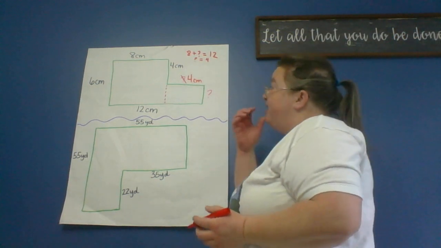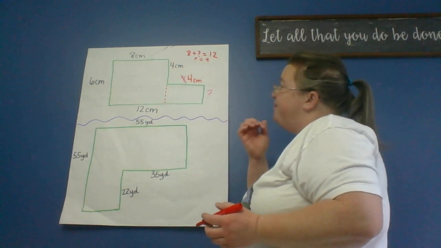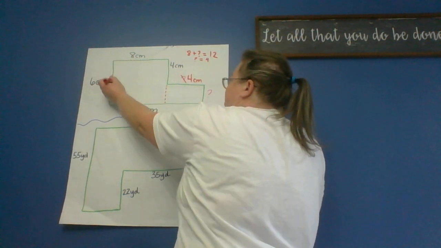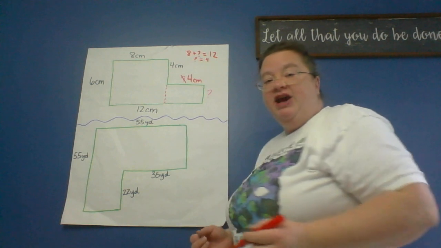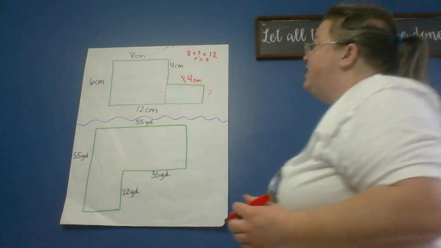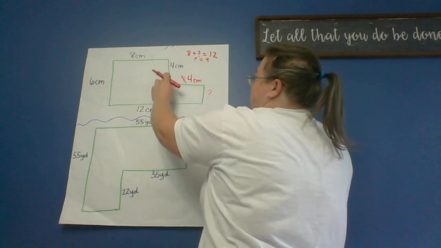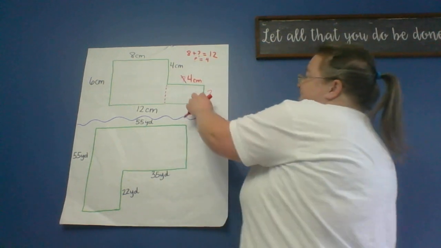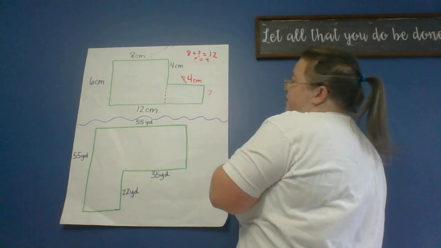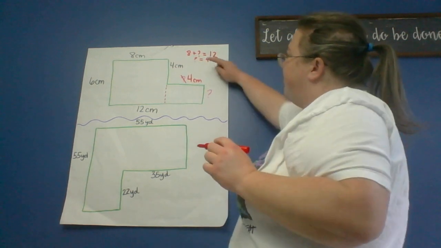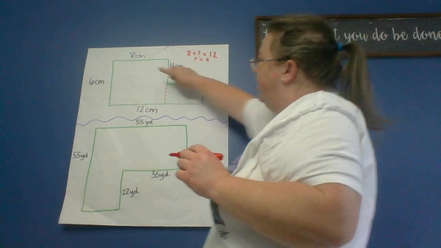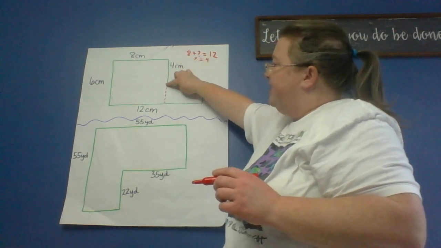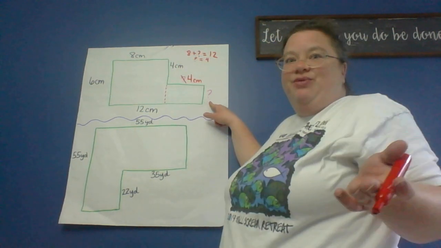Now, let's do the same thing for the width. Okay? So this time, we know that the width of the entire long side here is 6 centimeters. Now, this, we know, is 4 centimeters. This is what we don't know. So I know that from here to here, or here to here, is 6 centimeters, and I know that this piece of it is 4, and this one is unknown.